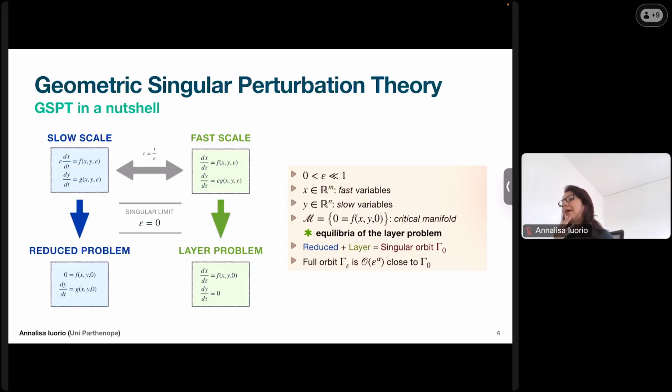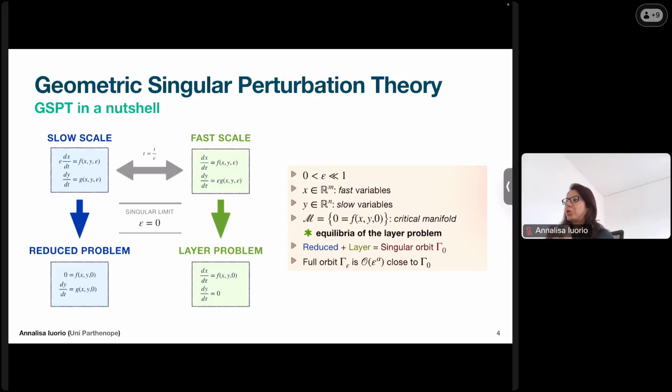What is the advantage of writing your system in these two different forms? The advantage is that when you consider the singular limit epsilon to 0 in the slow and fast scale, you end up with two different simpler problems that are called respectively the reduced problem when you set epsilon to 0 in the slow scale, and the layer problem when you set epsilon to 0 in the fast scale.